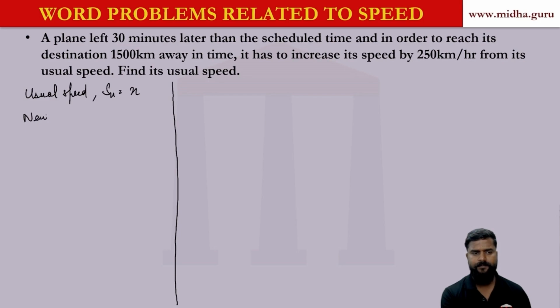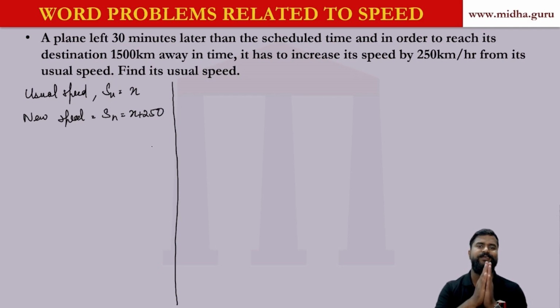So the new speed Sn is equal to x plus 250. Now the question is trying to explain that this plane did not reach early. Instead, it started late, but the time difference is the same. That is, there's a difference in the time between both the cases.